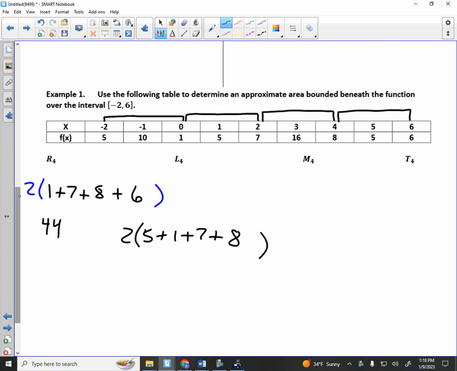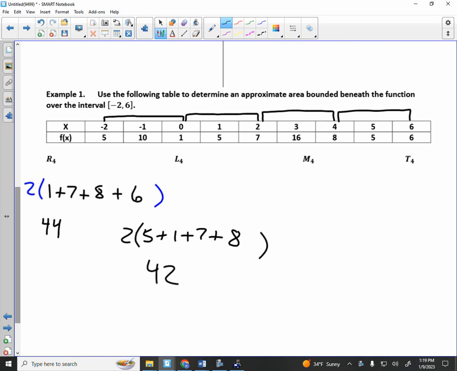You evaluate the height at 2 and you get 7. You evaluate the height at 4 and you get 8. So notice how you pick up a new number at the beginning and you lose the other number at the end. That's what will happen when you transition between right hand and left hand. I add these up, I get 15, I get 21 times 2 is 42.